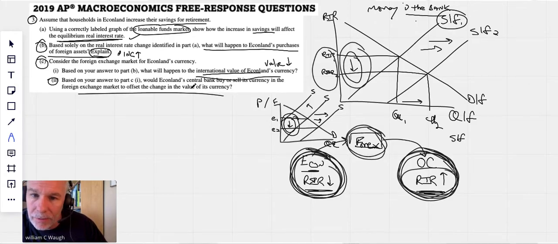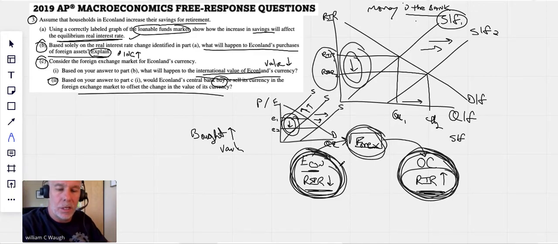So if their government bought their currency, the value would go up because they're taking that money out of the Forex. As the supply decreases, it's going to drive up the value of the Econoland currency.